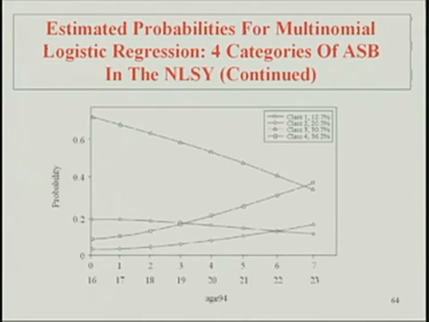So this is just a way that you can take the information if you have one continuous covariate, for example, age, which can be on the x-axis, probability on the y-axis, and then plot the other information within the plot and give some visual interpretation to the results that you got from the multinomial logistic regression. Okay.